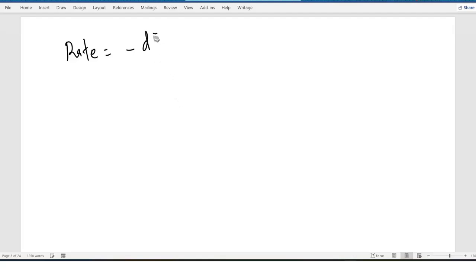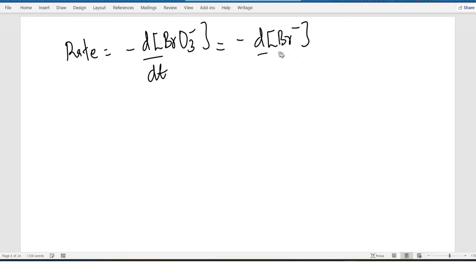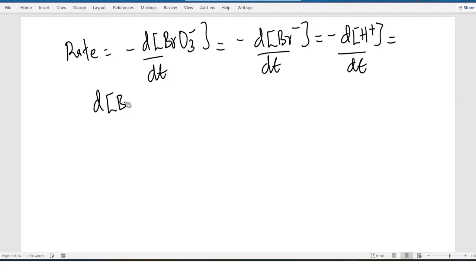We have the bromate. So d[BrO3-]/dt will equal negative d[Br-]/dt, which is equal to negative d[H+]/dt, and this is equal to d[Br2]/dt.